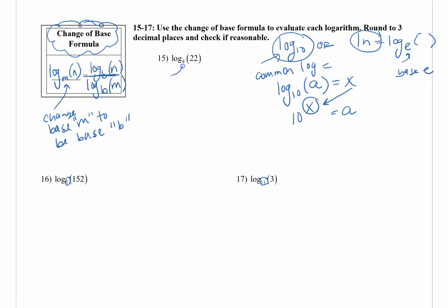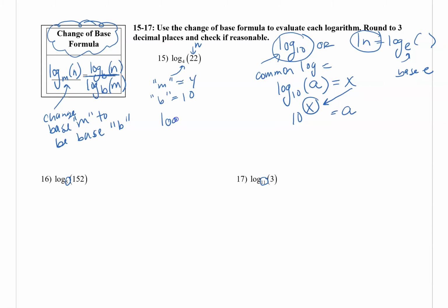In this case, m, the old base, is 4. On my calculator, I don't have a base 4, I only have base 10, and I want to convert to base 10. This would be my old input n, 22.